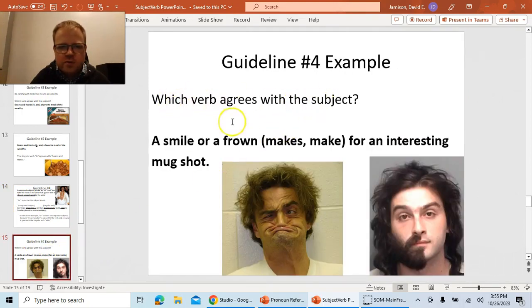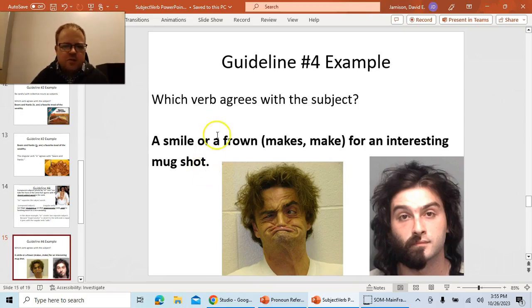Which verb agrees with the subject? A smile or a frown makes or make for an interesting mugshot. If we said a smile and a frown together, they would make for an interesting mugshot. But a smile or a frown makes for an interesting mugshot.